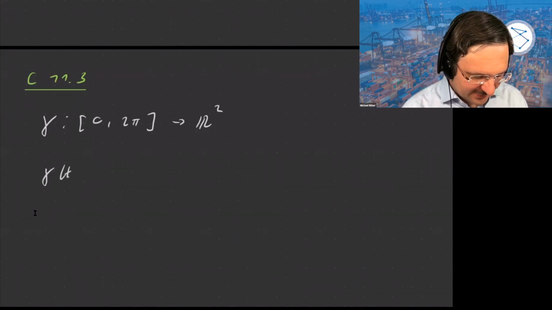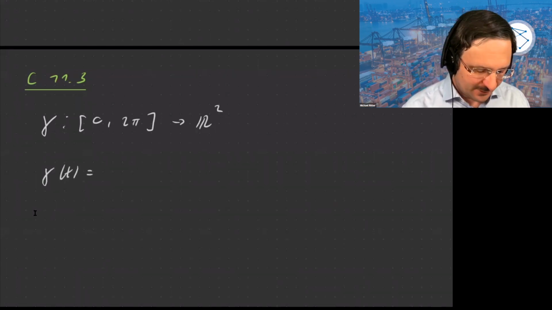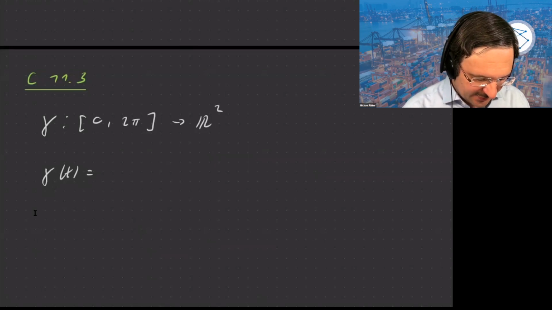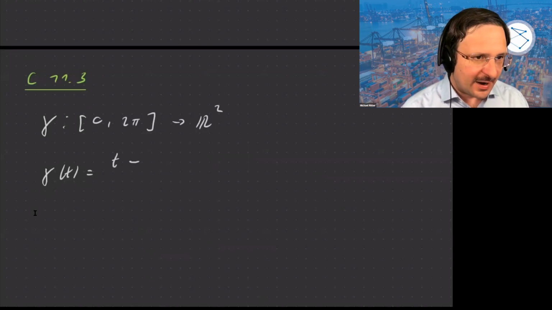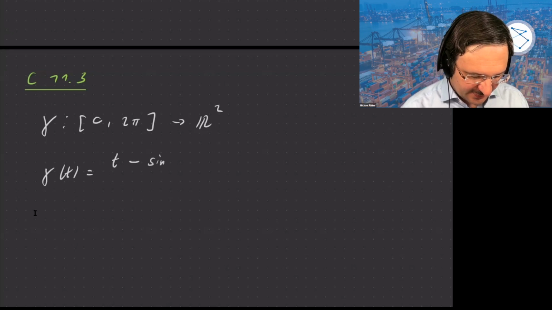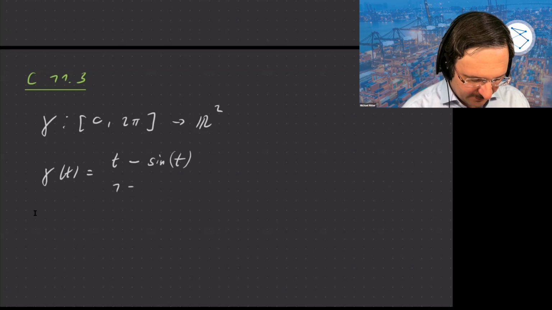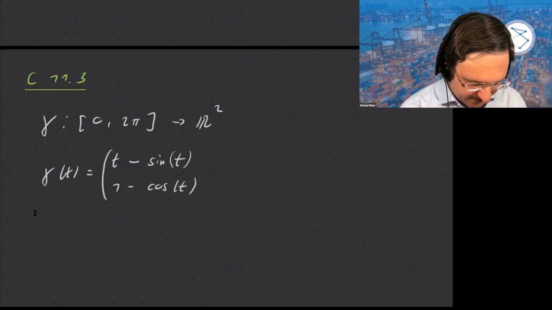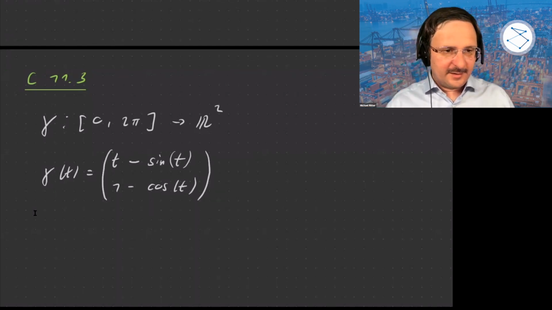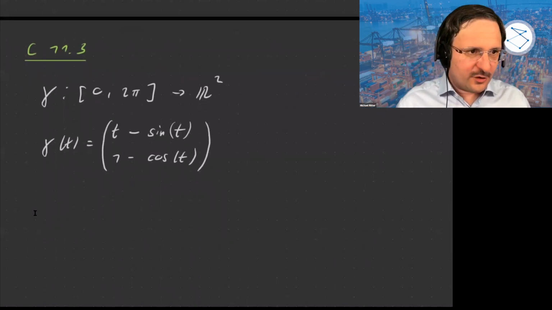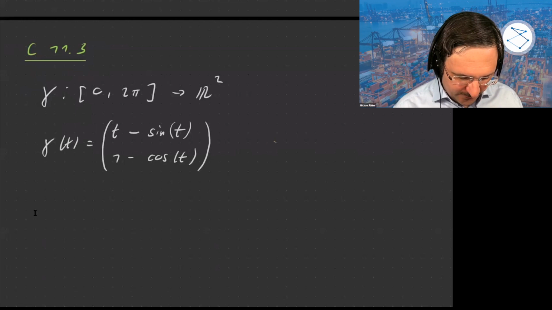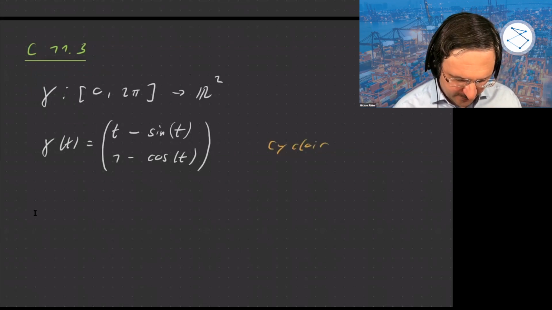And it's given as gamma of t equals (t minus the sine of t, 1 minus the cosine of t). That curve is called the cycloid curve.